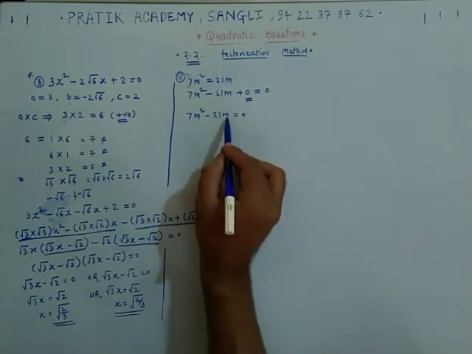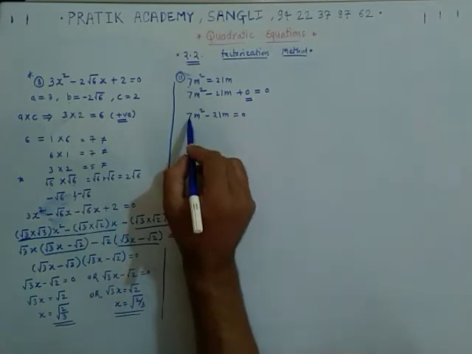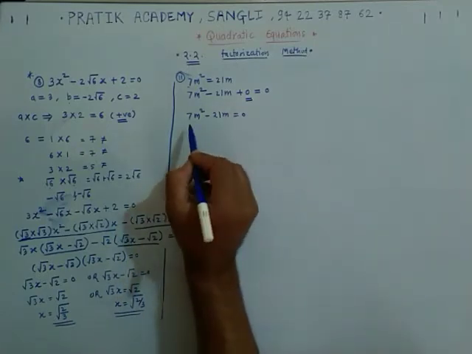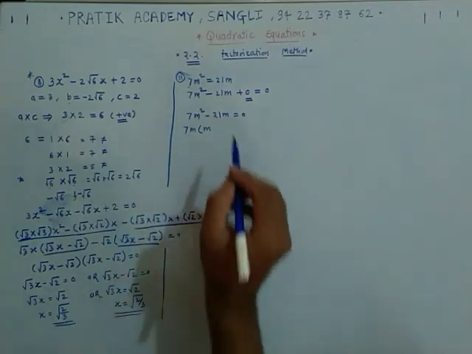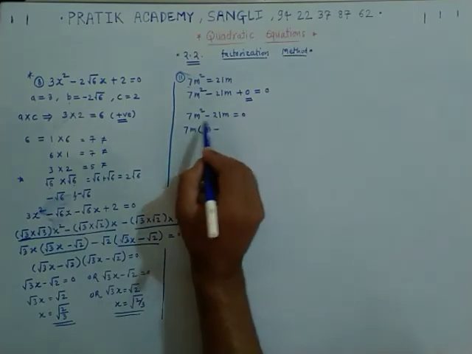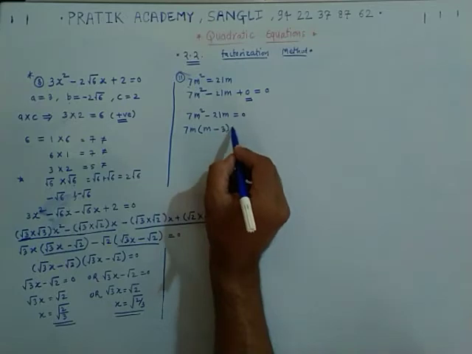Here m is common, and also here there is 7, here 21. We can write 7m common, so remaining is m here, and here 7 3s are 21, so 3 is remaining.